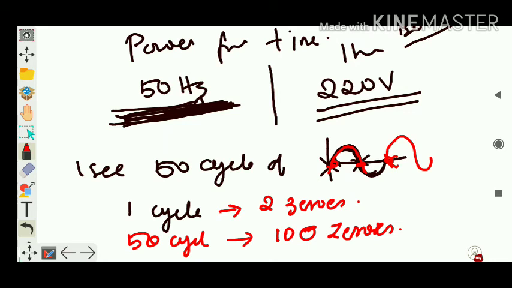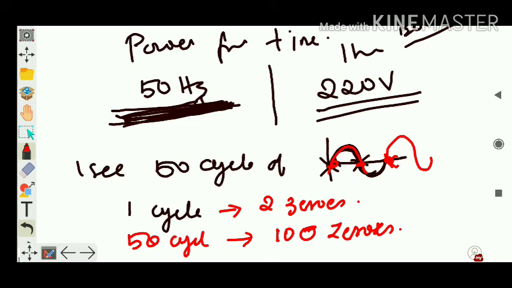So the current which you are receiving in your home is turning off and on 100 times. 100 times it is on and 100 times it is off, but it is so high speed that it is not visible to your naked eye. And I just told you the normal supply voltage is 220 volt.